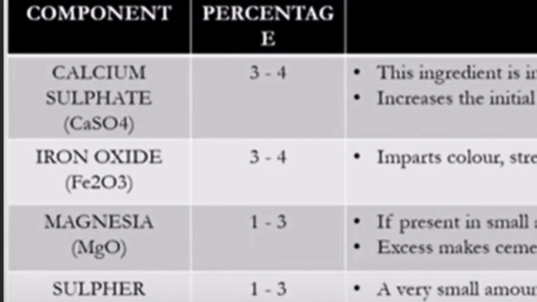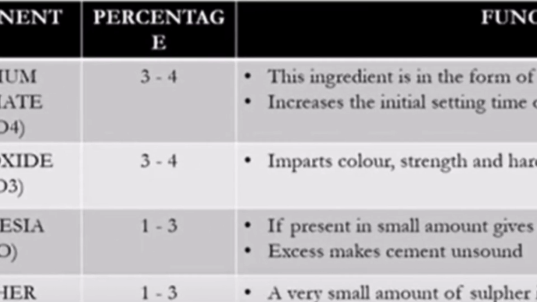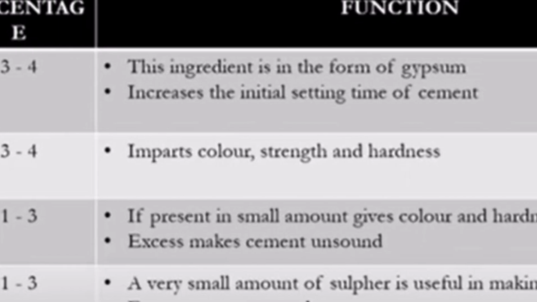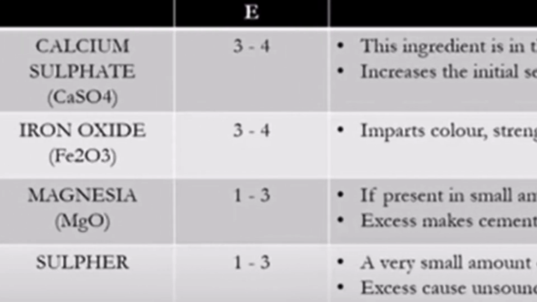The next component is iron oxide, that is Fe2O3. The percentage available is 3 to 4%, and the function is to give color, strength and hardness to the cement.